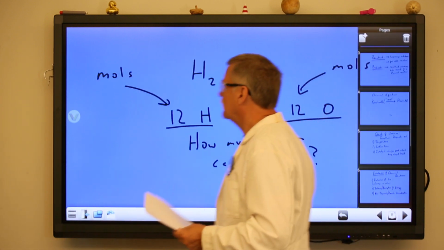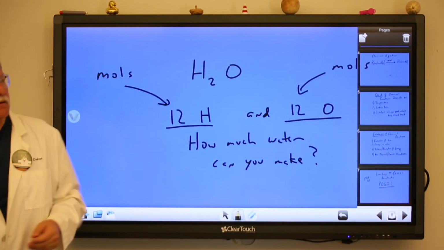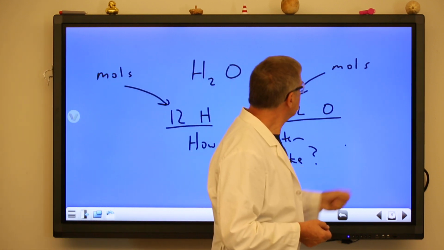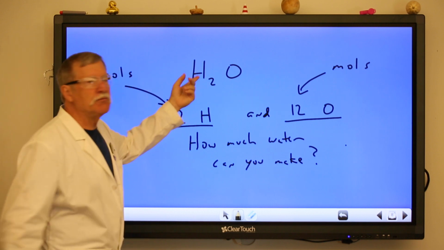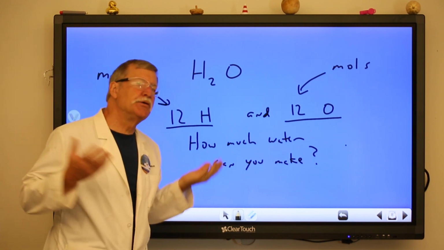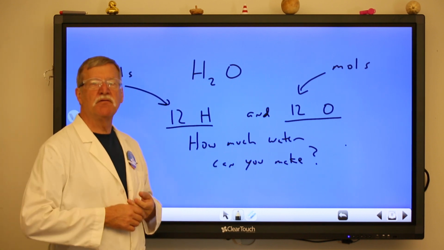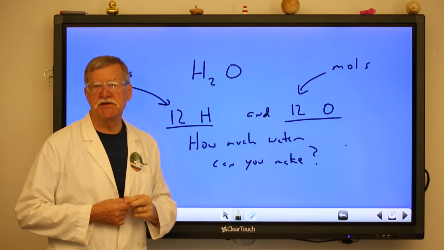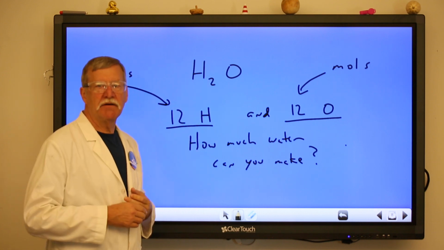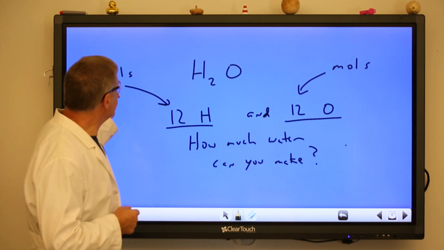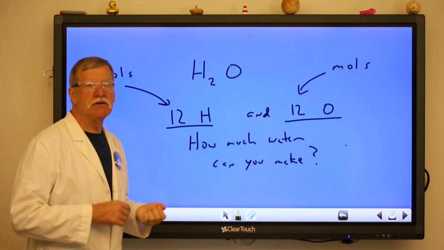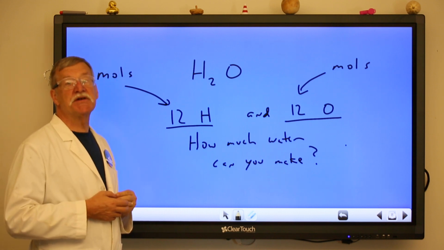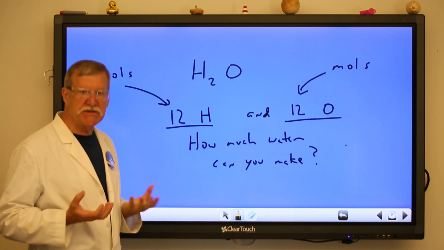For example, if we say we want to make some water, H2O, your basic chemical formula, a ratio here, 2 hydrogens to 1 oxygen, 3 atoms altogether. And we have 12 moles of hydrogen. Remember that a mole is 6.022 times 10 to the 23rd atoms.